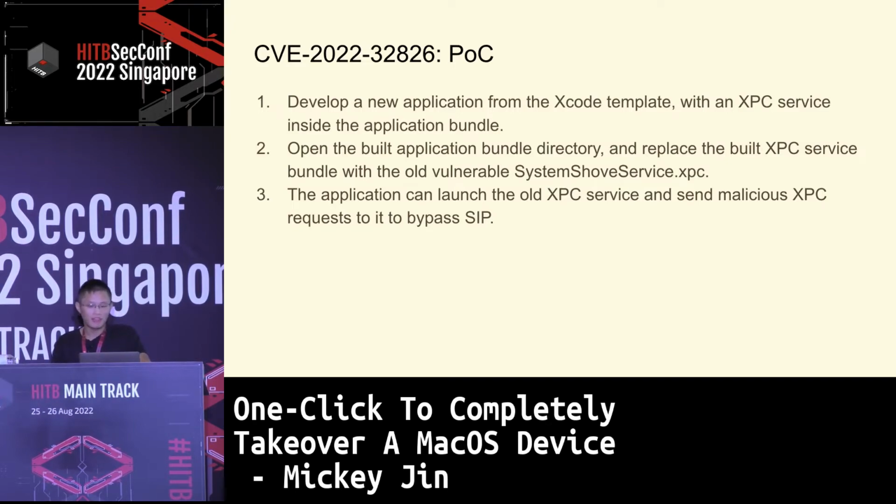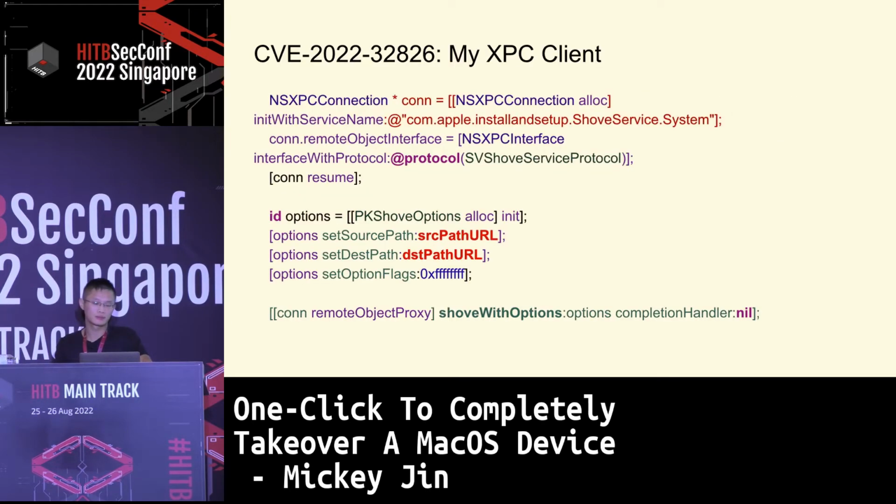After I submitted this report to Apple, Apple addressed it again and assigned CVE-2022-32826. Now, there is no XPC client from the system, so I have to implement the XPC client by myself. Here is the code.